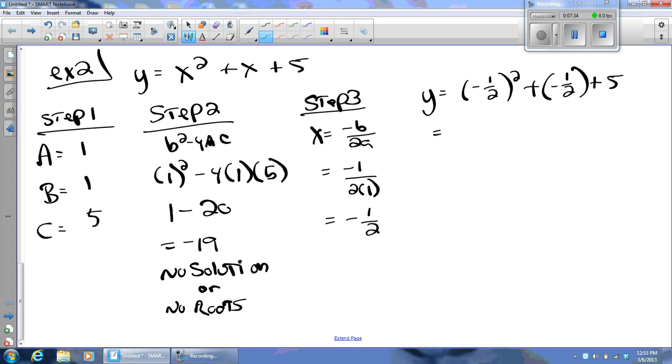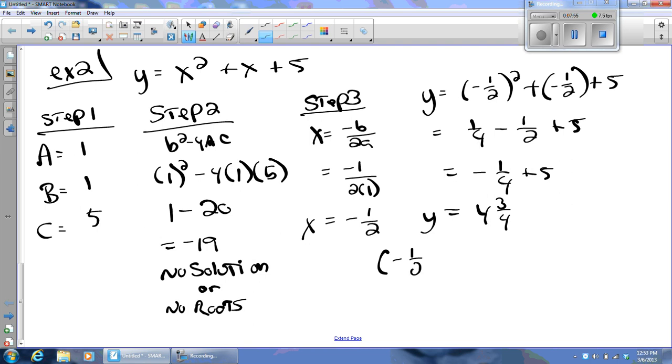And that'll get me a positive 1/4 minus a 1/2 plus a 5, which will get me a negative 1/4 plus 5, which would equal 4 3/4. So that's what y equals. Oops, I lost it. There it goes. So my vertex occurs at negative 1/2, 4 3/4.